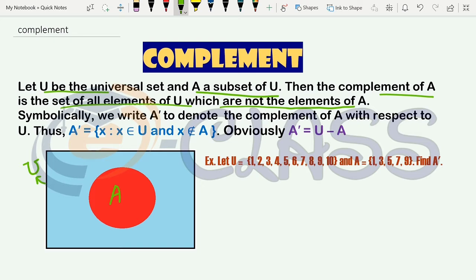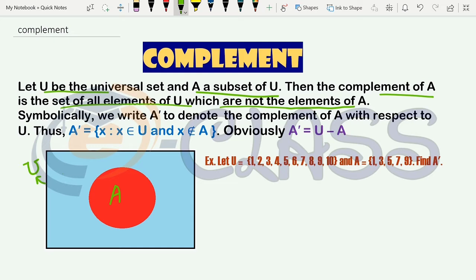Then all the elements of U which are not the elements of A, basically the sky color part except the red circle, contain all the elements of U which are not the elements of A.